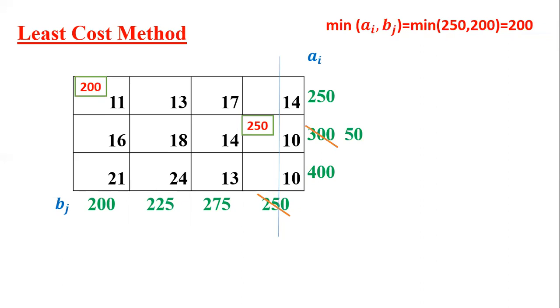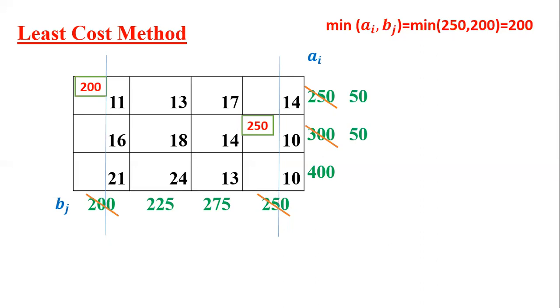So 200 minus 200, demand is fully nil balance, 0, and 250 minus 200, 50. In this place, demand is nil, 0, so you have to cancel that column. Each and every time, you have to allocate only the minimum value. Most important one.